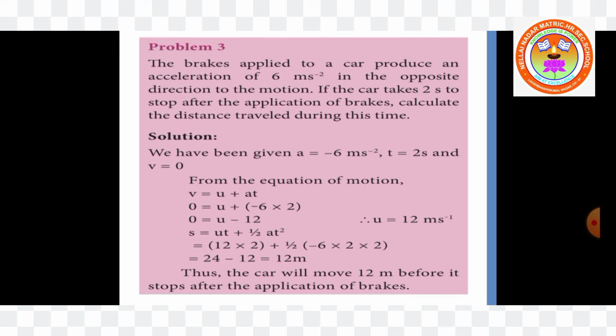Next we are going to calculate the distance traveled by the car in a time of 2 seconds, that is s is equal to ut plus half at square. What is the value of u? That is 12 into t, that is 2. So 12 into 2 plus 1 divided by 2, acceleration is minus 6, then t square, that is 2 into 2.